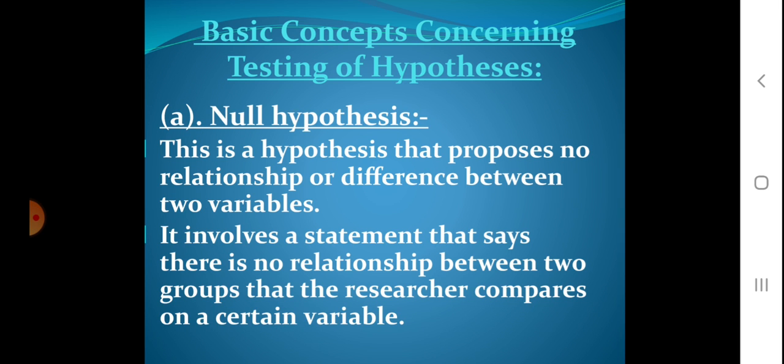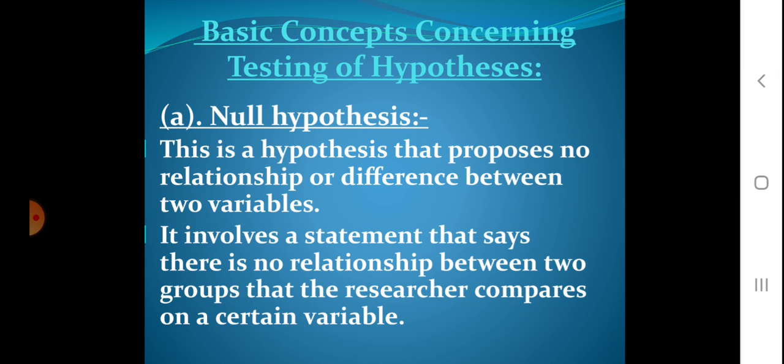Students, the basic concepts in the context of testing of hypothesis. The first one is the null hypothesis. This null hypothesis is a hypothesis that proposes no relationship or difference between two variables. This is the conventional approach to making a prediction.